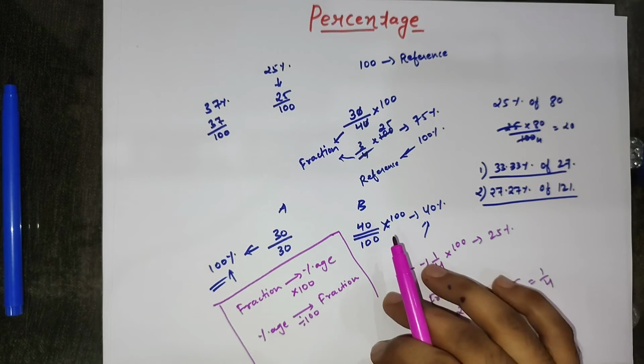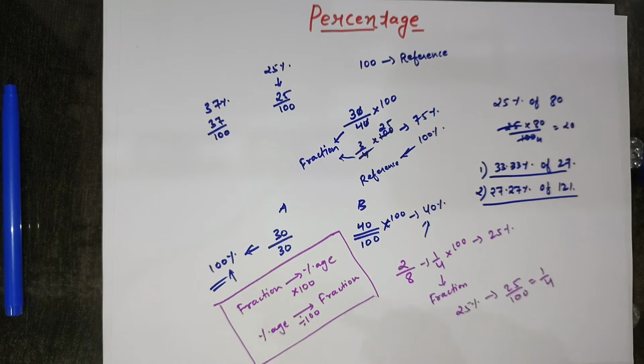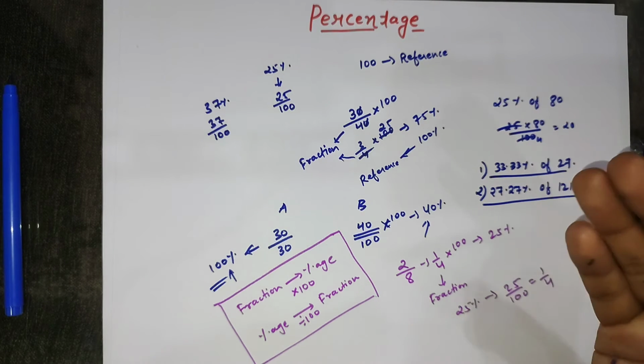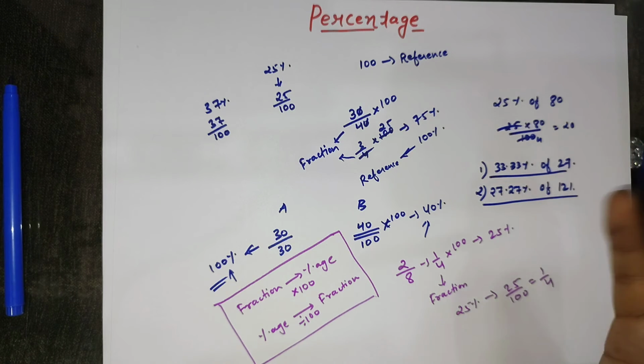If you practice more and more questions, you won't need to remember this, right? But for those who are beginners and don't know this, they can write it down and remember that if you have to convert a fraction into a percentage, just multiply that with 100, and vice versa. So next I'll be telling you the percentage values of respective fraction values and vice versa, right?